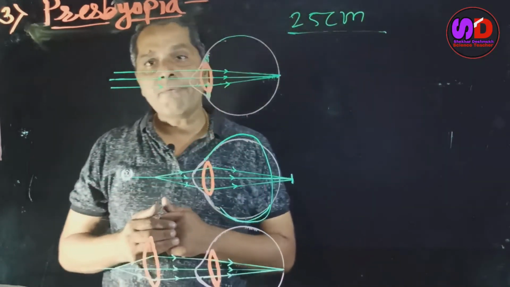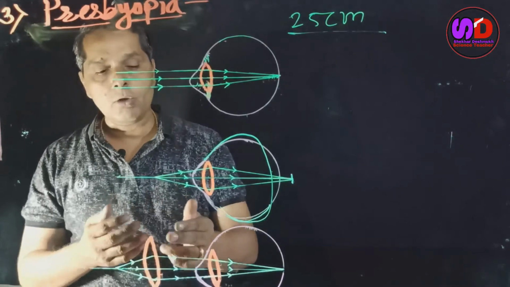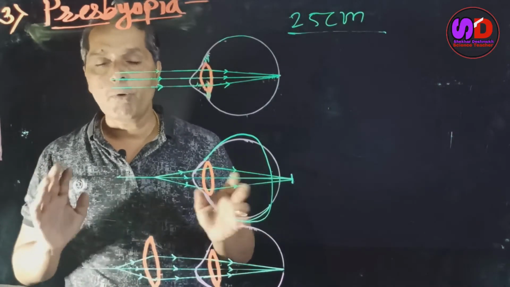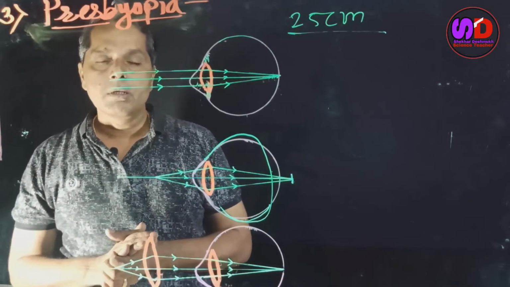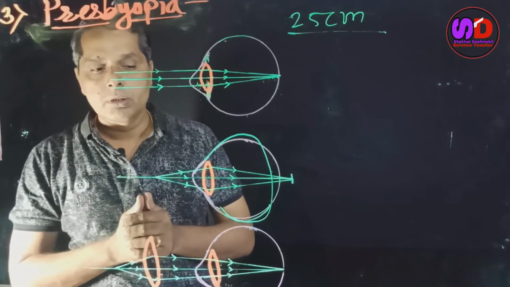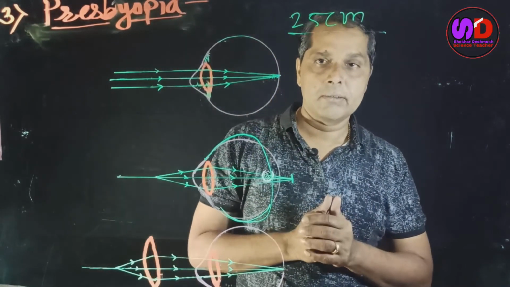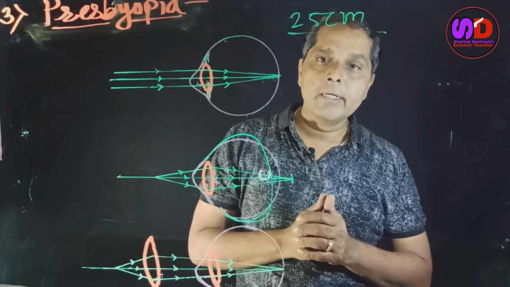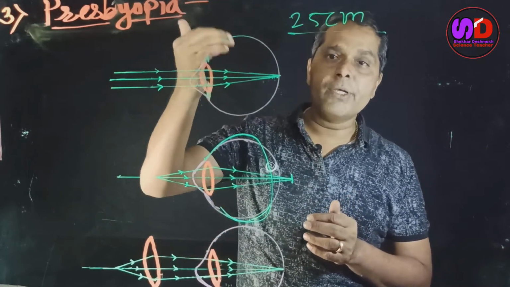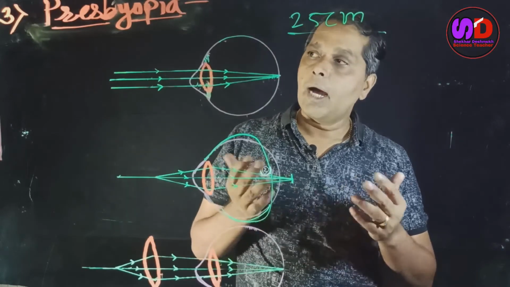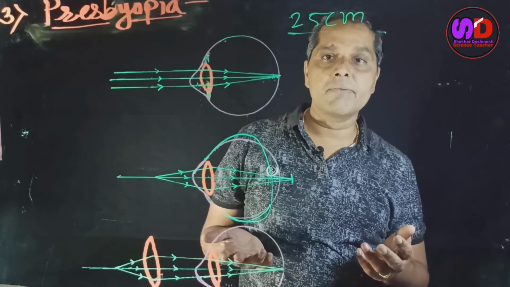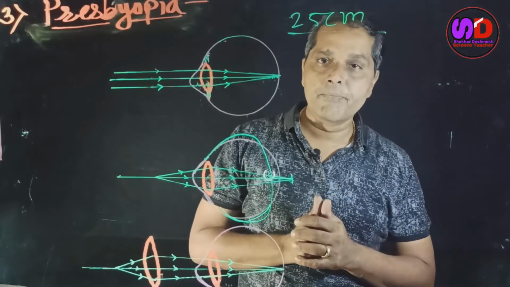So this defect can also be cured by using a convex lens of appropriate power. But suppose at this age I am suffering from myopia, and after a few years due to age I will suffer from presbyopia.